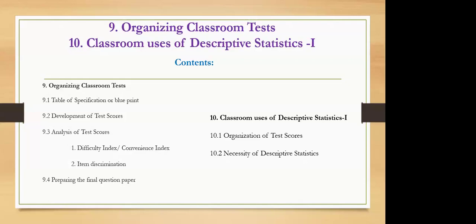Under that, we are going to discuss the difficulty index and item discrimination or discrimination index. Then preparing the final question paper. Then under unit number 10, classroom uses of descriptive statistics 1. Under that, organizing of test scores and the necessity of descriptive statistics.